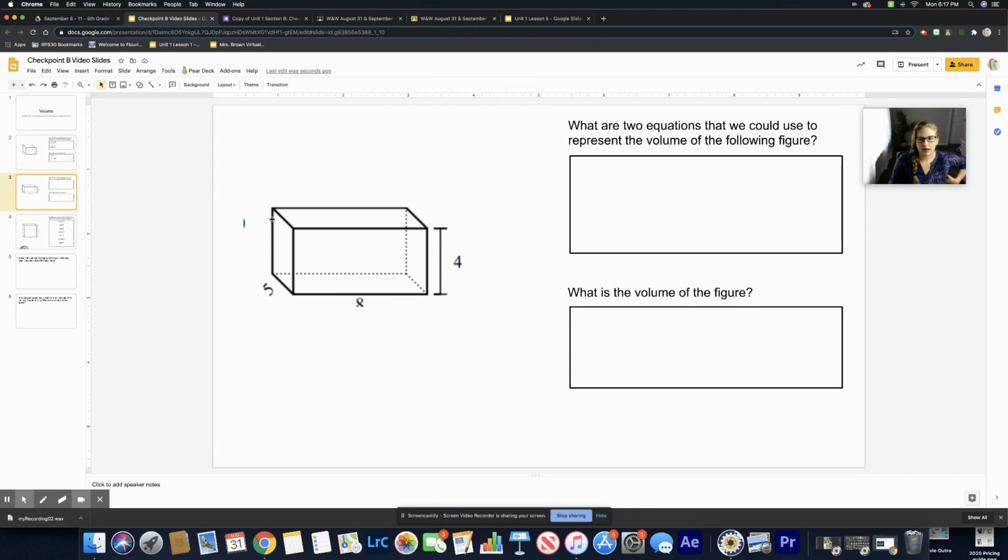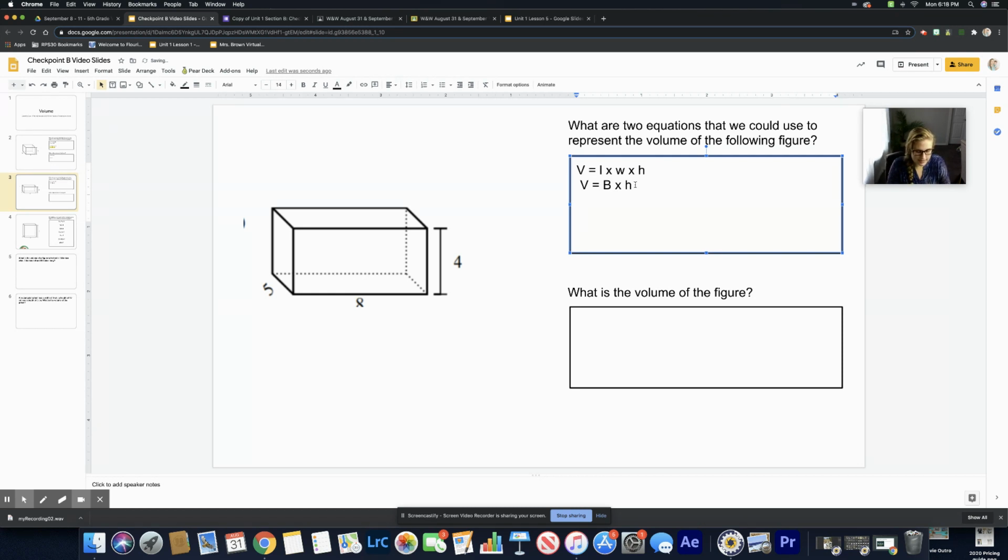All right, next problem. I'd like you to pause the video here and try it on your own. All right, let's work through it together. So I know that I have two equations. I have volume equals length times width times height, and I have volume equals base times height.